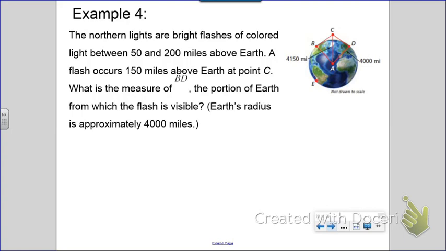For this one, we're looking for the measure of the arc BD, the portion of the Earth for which the flash is visible. The Earth's radius is about 4,000 miles.